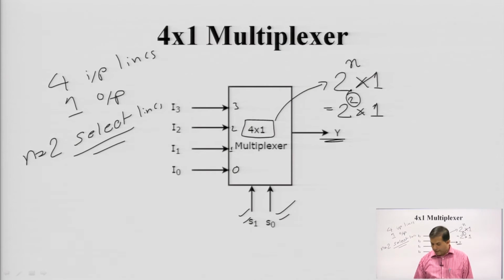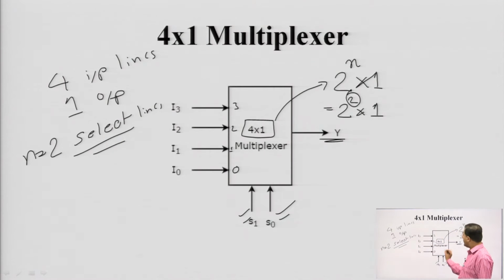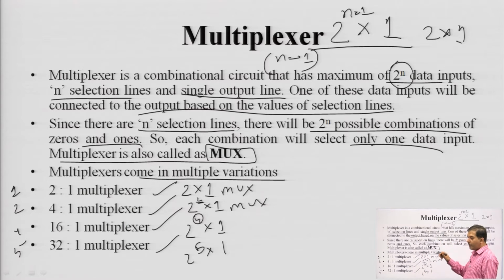Here we are going to design the multiplexer. Is it clear to all of you: 4 input lines, 1 output line and 2 select lines. One of these data inputs will be connected to the output based on the values of the selection lines. This line is very important.